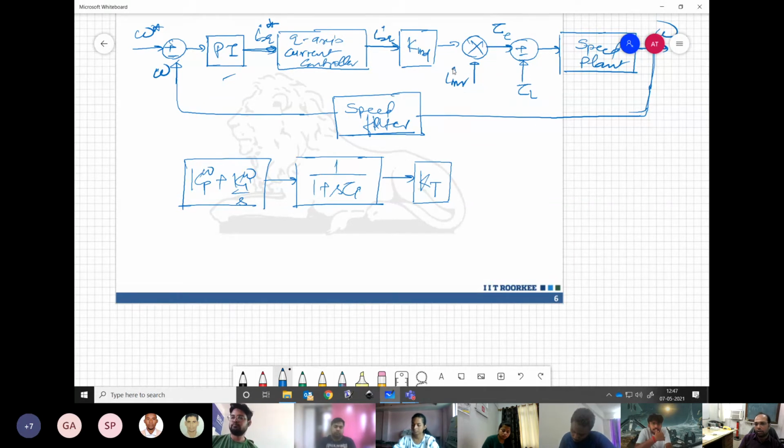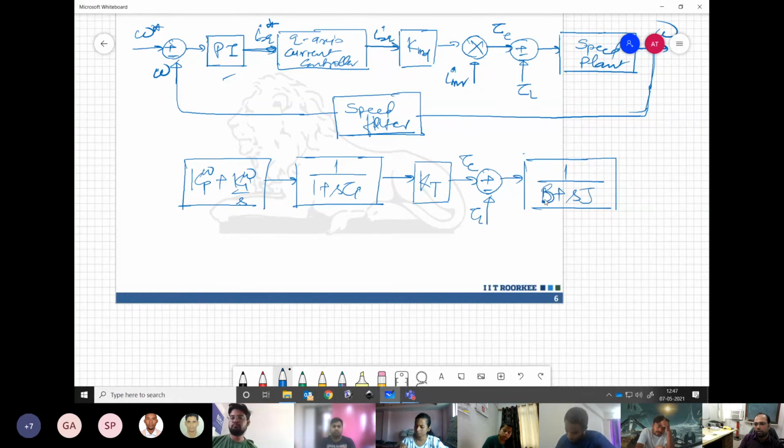So this is more or less a constant for the speed control loop. So KMD into IMR can be treated as one constant, KT. That is generating our torque, which, after removing the tau L, is passing through the speed plant, which is nothing but 1 by B plus Sj, and then our omega. And what is the filter sitting over here?